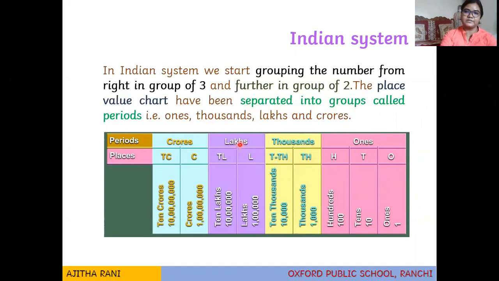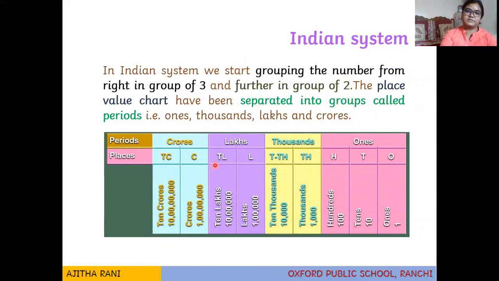Similarly, the next period is lakhs with 2 places, 10 lakhs and lakhs. And then crores with again 2 places, 10 crores and crores. An important point to remember: we start grouping the number from the right in a group of 3 and then further in groups of 2.